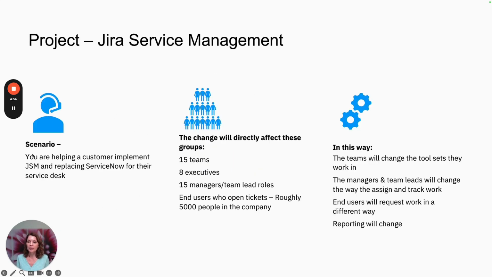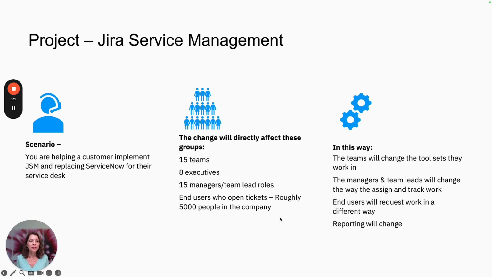So we've talked about the scenario of what we're doing. Let's say that this change will directly affect 15 teams, 8 executives, 15 managers or team lead roles, and then all the end users in the company who might potentially open a ticket or check status on a ticket, and let's say that's about 5,000.